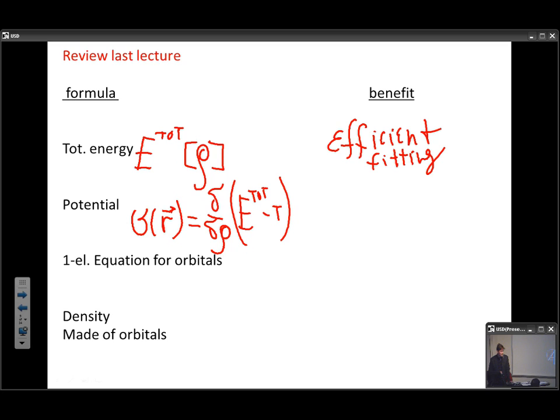Any objections? Any questions? Okay, so the benefit of this formula is that we do have a path, a way to return back to standard problems that one was solving for many years in quantum theory, for finding the one electron eigenstate problem. So we are converting back to operator language.